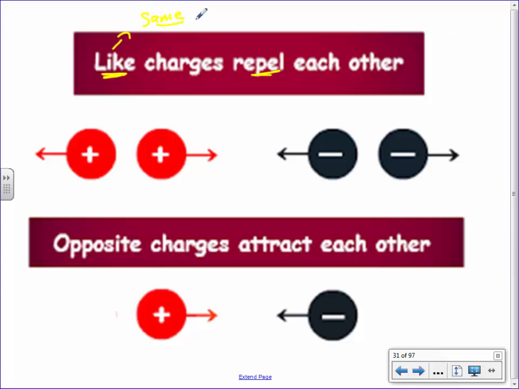You guys ever heard that word before? Like terms in math, yeah. So if you have two positives, they actually want to go away from each other. If you have two negatives, they also want to go away from each other. But if you have something that's opposite, like a positive and negative, they actually attract.